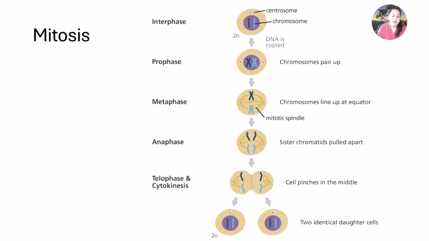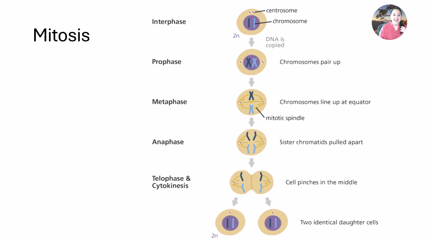Metaphase, the chromosome pairs meet across the middle. That's how I remember metaphase, middle. So the chromosomes line up across the middle. And then these fibers form, and it makes what's called the mitotic spindle. I think about it like when Spider-Man's shooting a web.